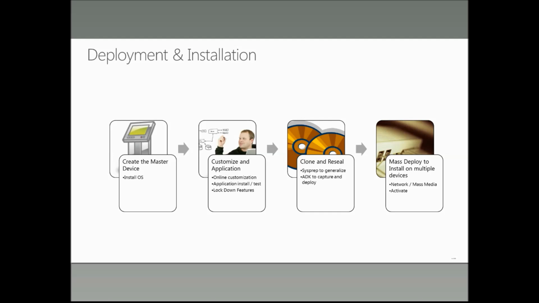And you use the ADK, the Assessment and Deployment Kit, that we build for Windows 8.1, exactly the same way for 8.1 Industry. You use that ADK to capture your image and mass deploy it to multiple devices, through network, through mass media, through USB storage, and manage also your activation, online activation or offline activation. There are different ways of managing that process, either through a direct internet connection or USB keys or LAN, and that can also be done automatically. Next slide, please.